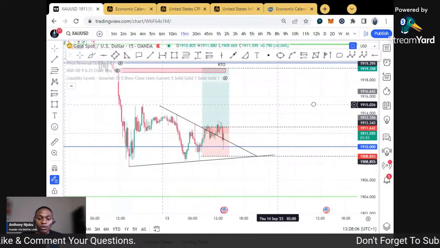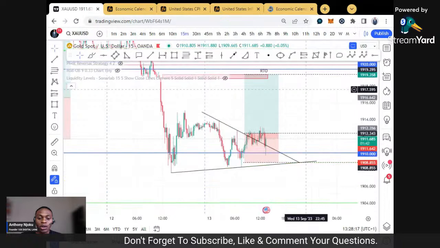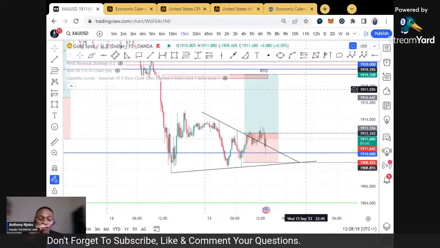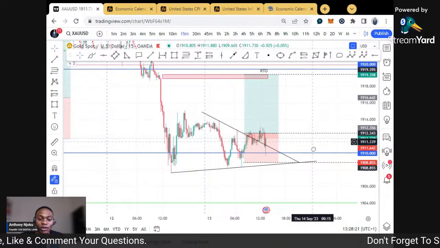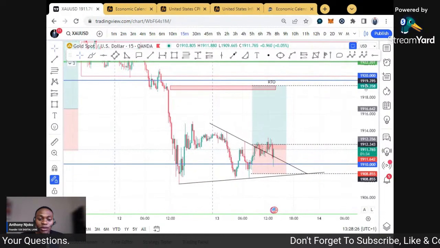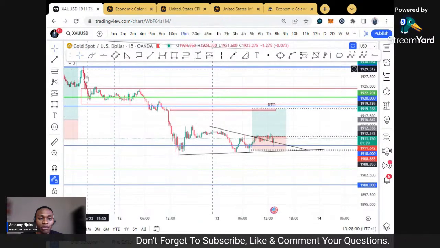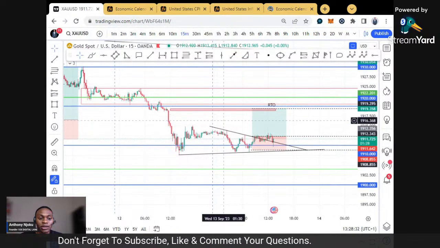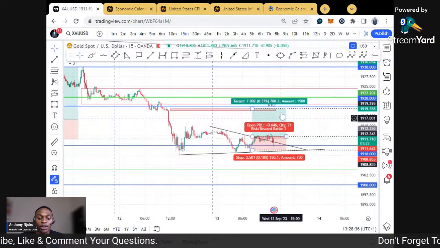For gold, we anticipate a buy setup. We anticipate a buy push for gold because most of CPI I've seen there was a massive buy, and there was a massive sell yesterday, Tuesday, and also on Monday for gold. There was a massive sell-off over here. So I think CPI is going to be more of a corrective structure for gold.